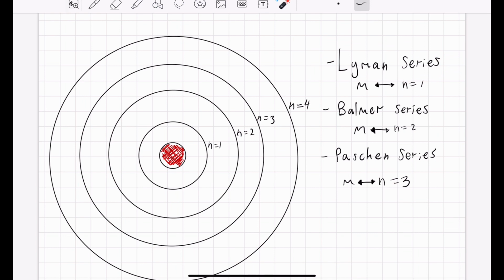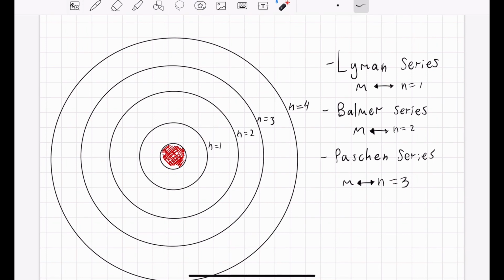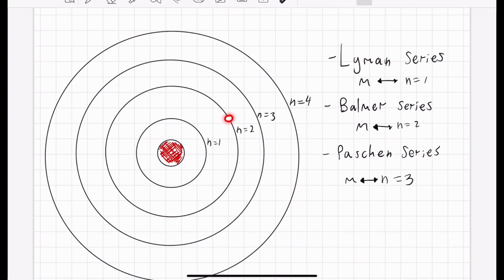So an electron going from here, n equals 1, to n equals 3, this would be considered the Lyman series. There's also Balmer series where electrons jump from n equals 2 energy level to higher energy levels. So say n equals 2 to n equals 3, or n equals 2 to n equals 4.